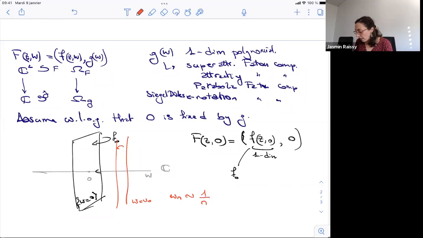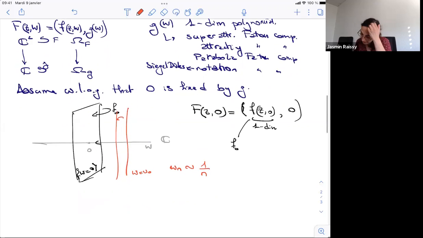Now you can say, oh, look, maybe, if my map in here is not too complicated, so let's say that f of (z, w) is equal to f of z plus a little perturbation, so plus alpha w. So I'm just perturbing a little a one-dimensional map.